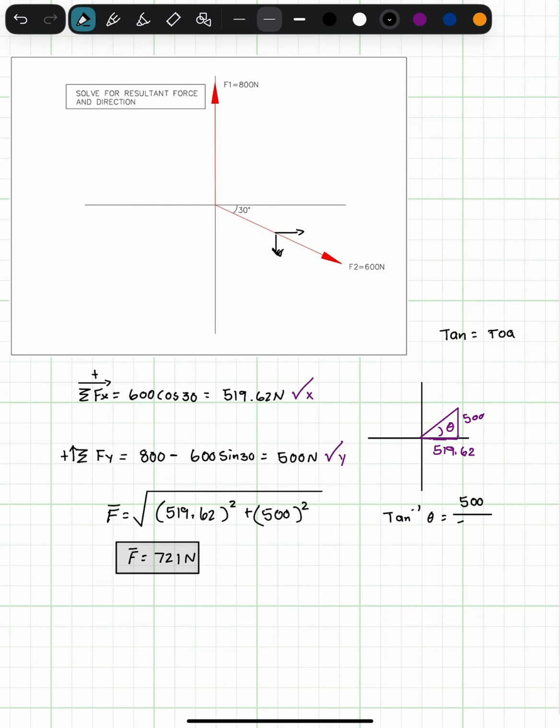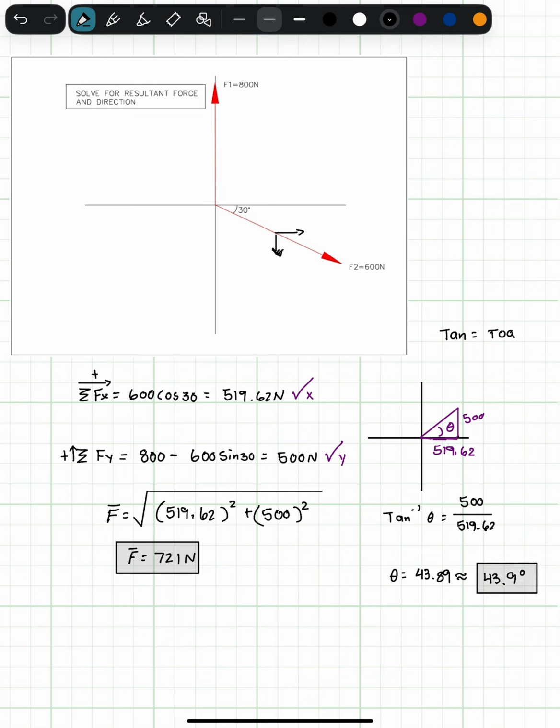So 519.62. Okay, cool. So I'm getting a value of 43.89. I'm just going to round to 43.9 degrees as the direction.